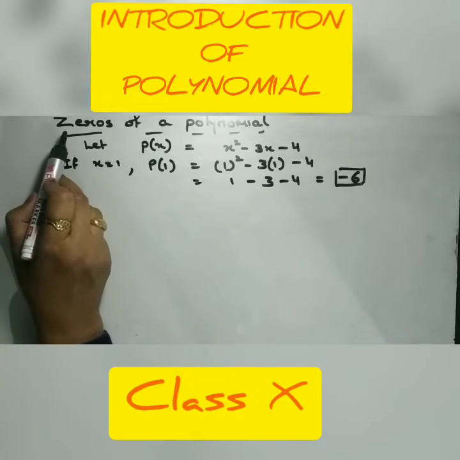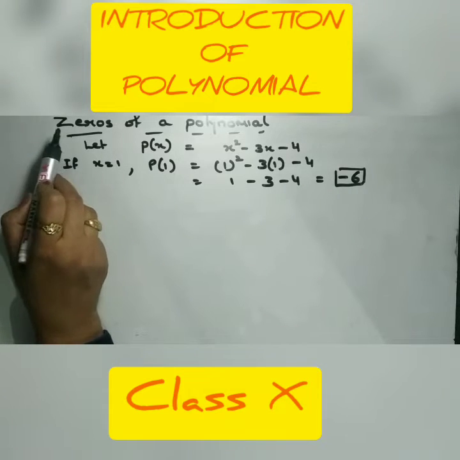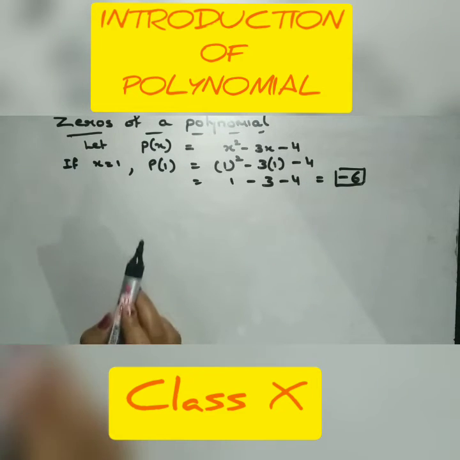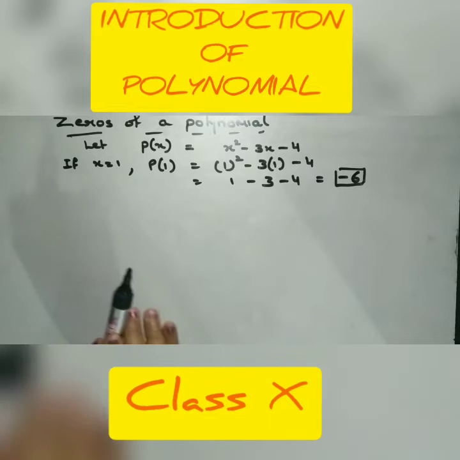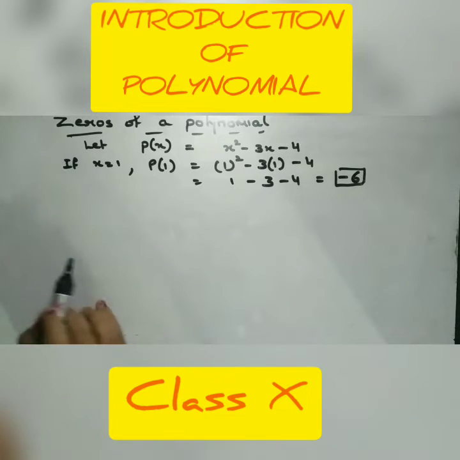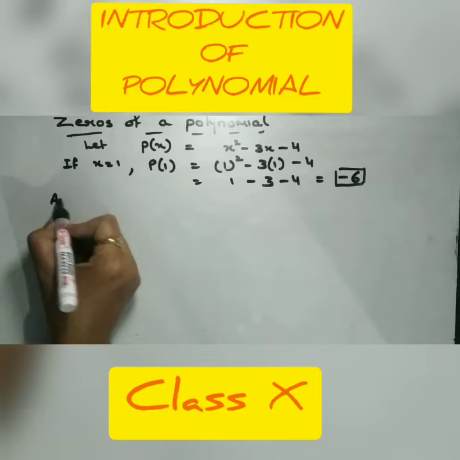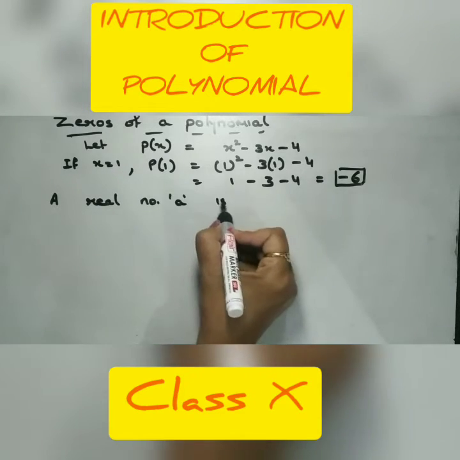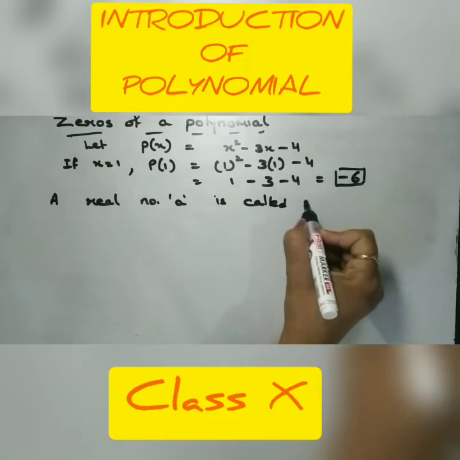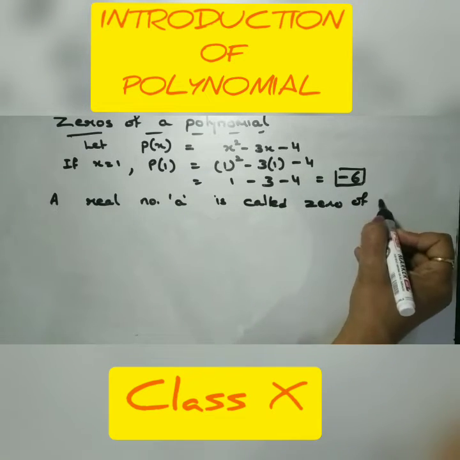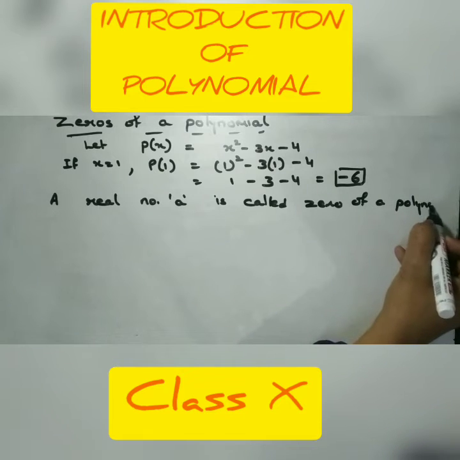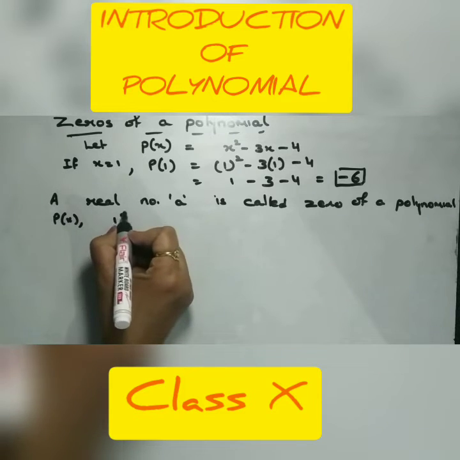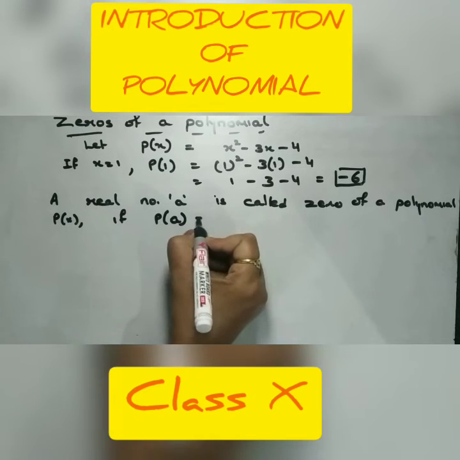But when we talk about the zeros of a polynomial, a zero is that value of x which makes the whole polynomial equal to 0. In definition, I can say that a real number a is called a zero of a polynomial P(x) if P(a) is equal to 0.